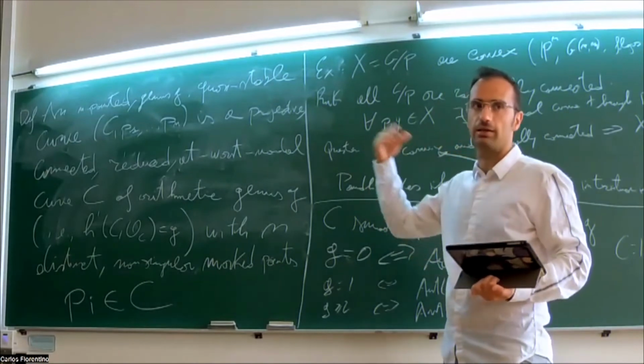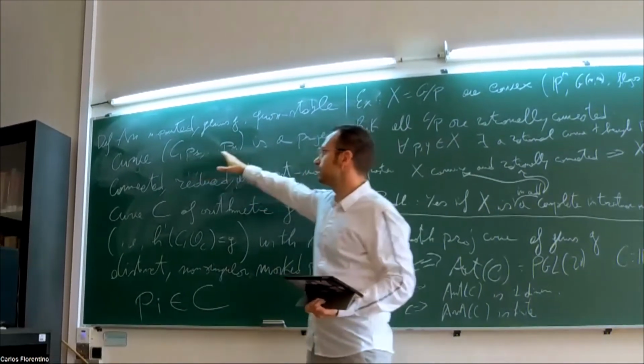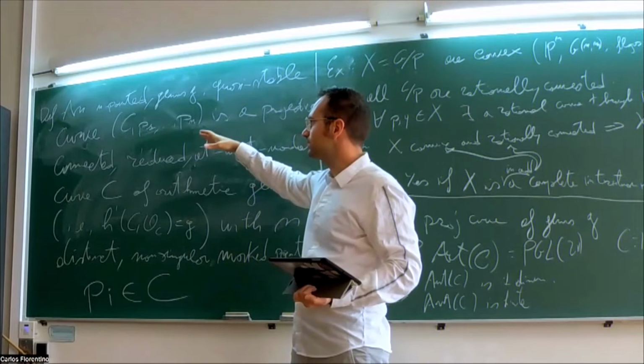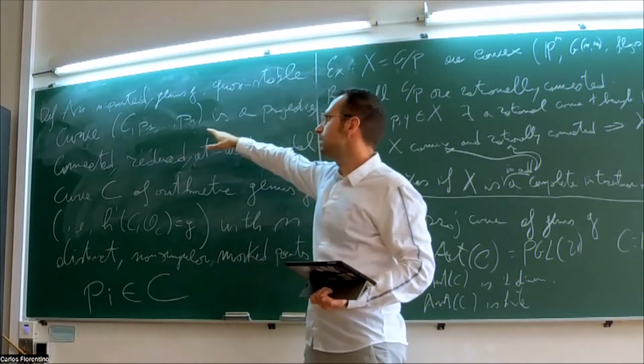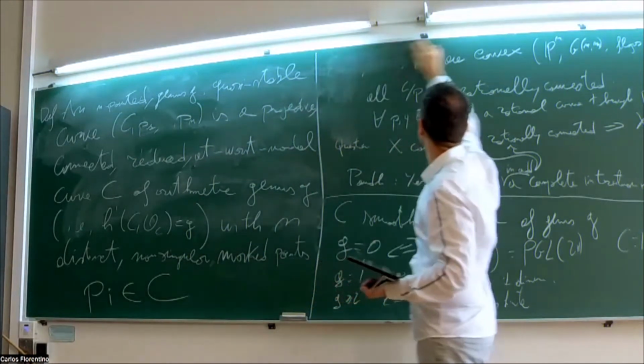I mean, the objects that are parameterized by M-bar are this tuple of objects, a curve plus n points of the curve.